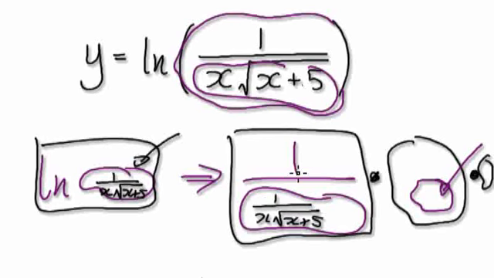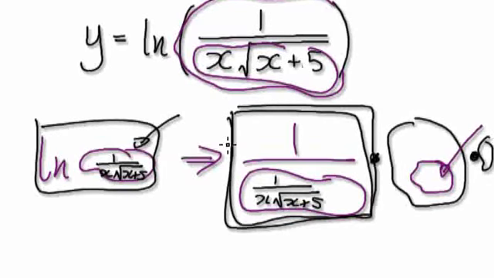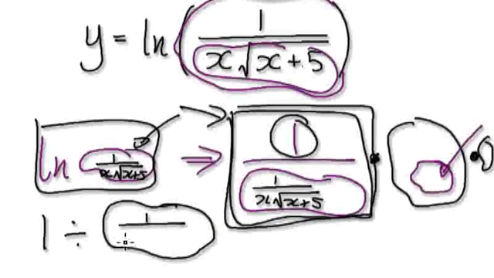So when you get to this stage here, just know that you've got a fraction within a fraction. Visualize it as 1 divided by, and then divided by 1 over x root x plus 5.